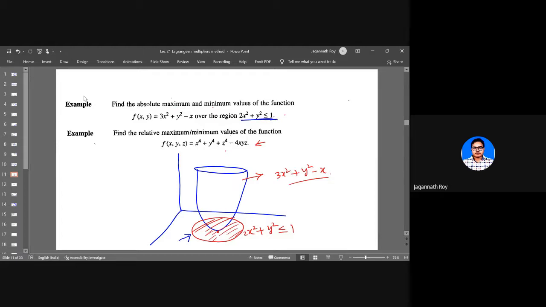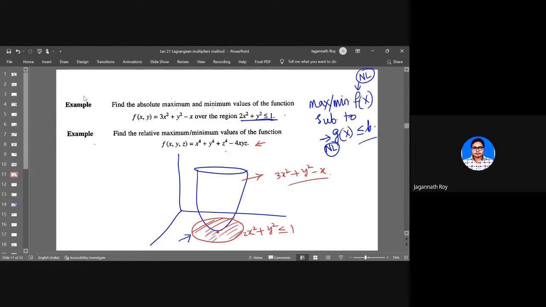This is a kind of maximize or minimize f of x subject to g of x less than or equal to some b. So both are nonlinear. If we have such a problem, then this is the constraint. Over this region, we have to find the minimum point of this function or the maximum point of this function.